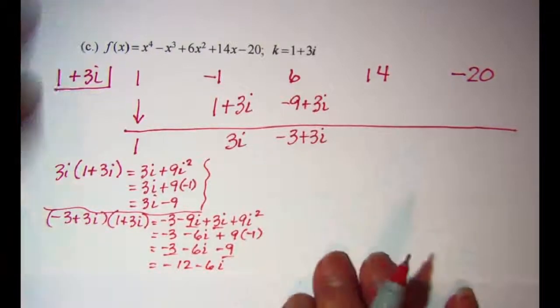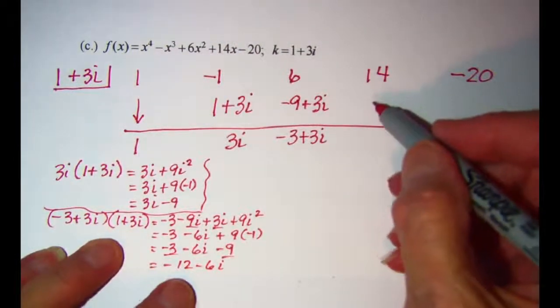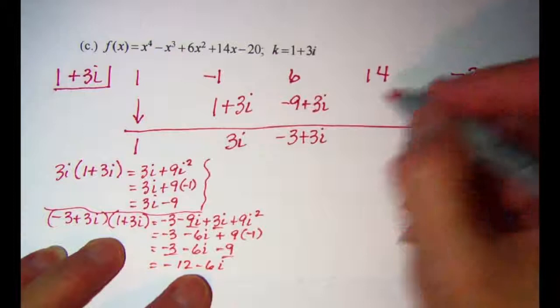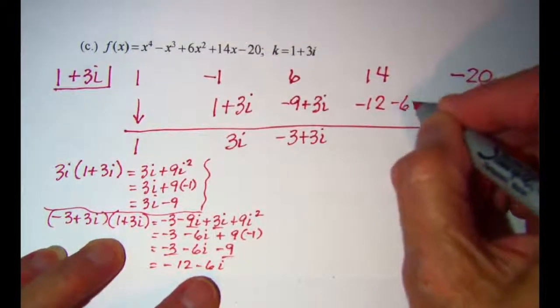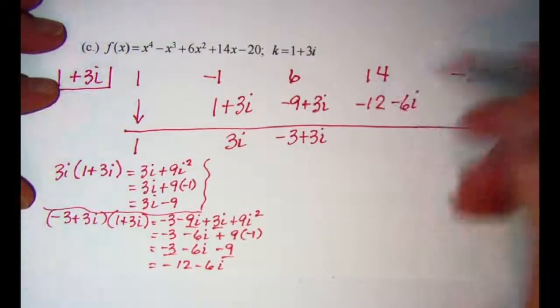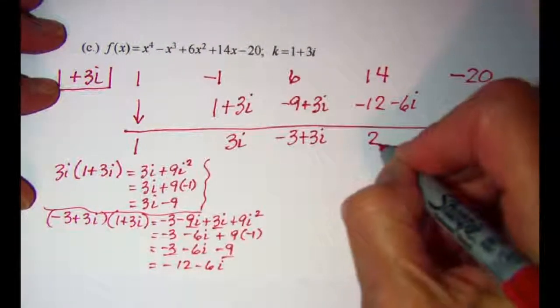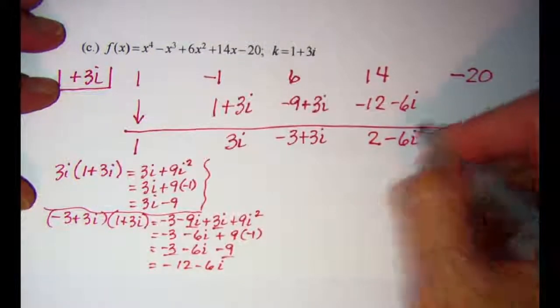So now I can write that where my product gets written. Negative 12 minus 6i. Okay. And I'm adding here: 14 and negative 12 is 2, and then negative 6i.